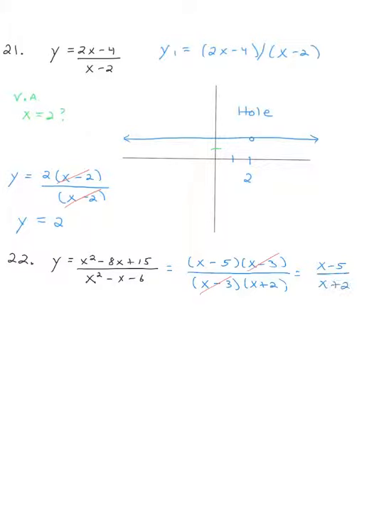So I'm not expecting a vertical asymptote at 3. In fact, the only vertical asymptote I expect is going to be at x is equal to negative 2, but not at x is equal to 3. Instead, at 3, there should be some type of hole in the graph.